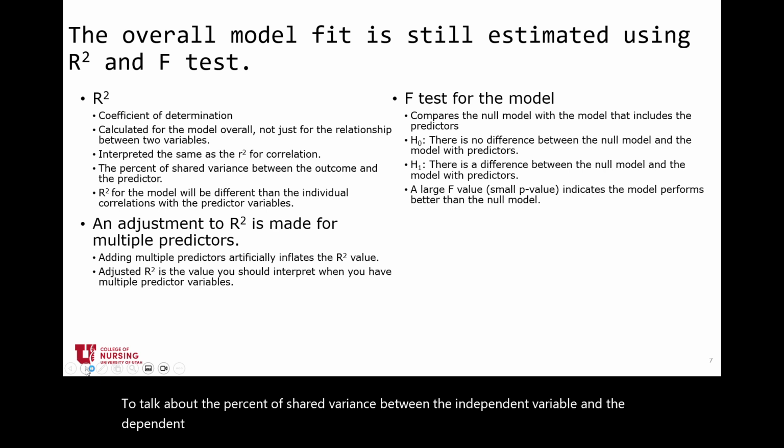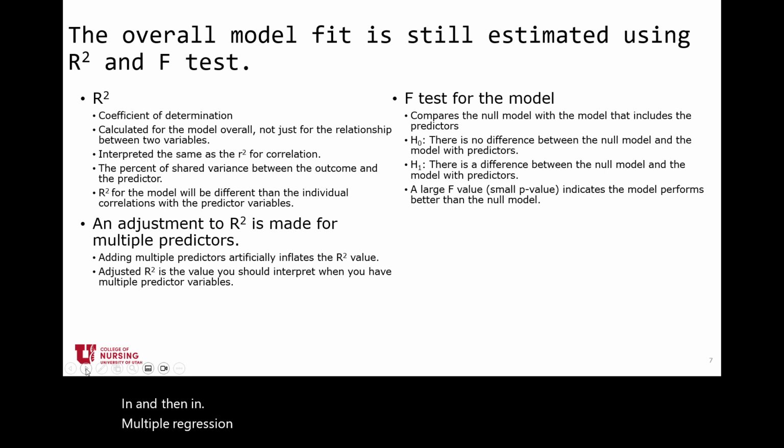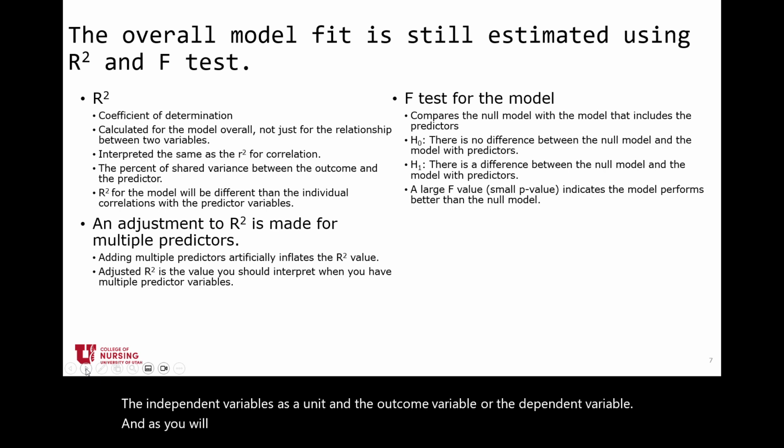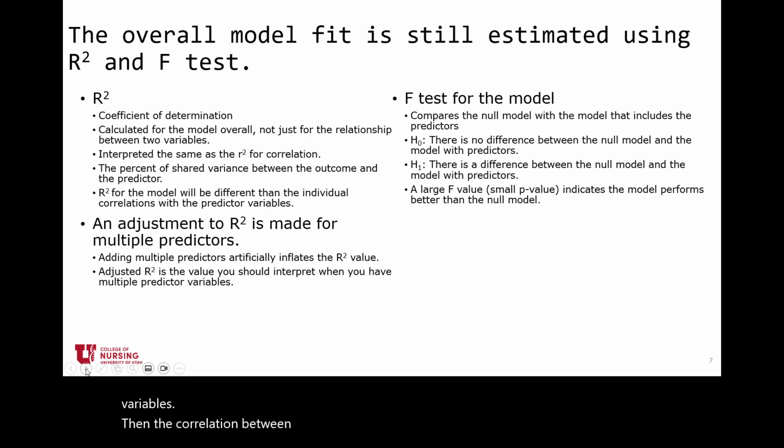And then in multiple regression, we use big R squared, which is a relationship between the independent variables as a unit and the outcome variable, or the dependent variable. And as you will see, that big R squared is different than the correlation between any individual predictor variable and the outcome.